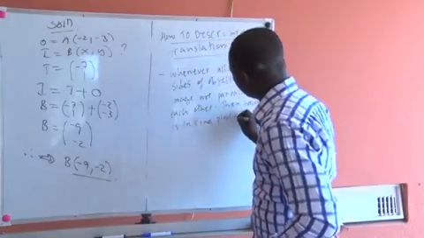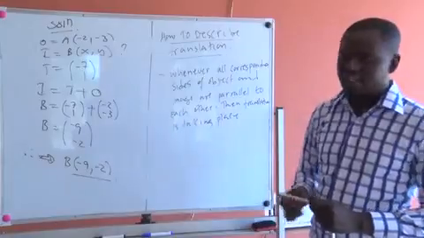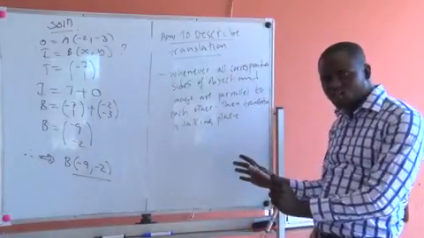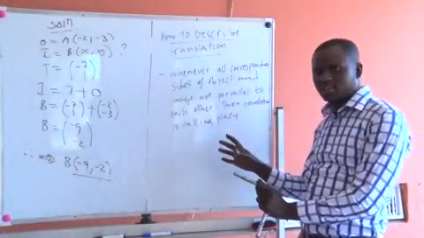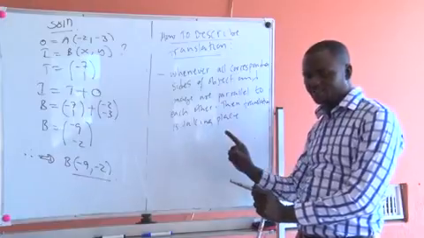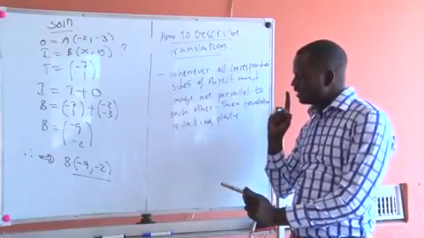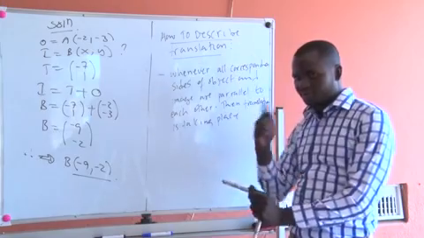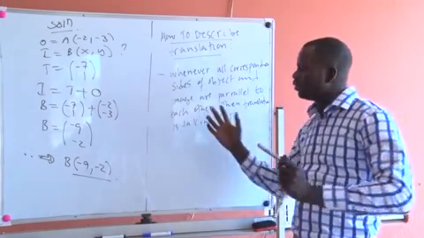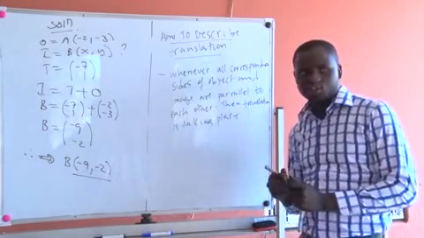So if you discover that the corresponding sides of the object and the image are parallel, it means translation is taking place. So you can just describe it through the eyes. You observe lines are parallel to the corresponding side of object and image, and that is translation.